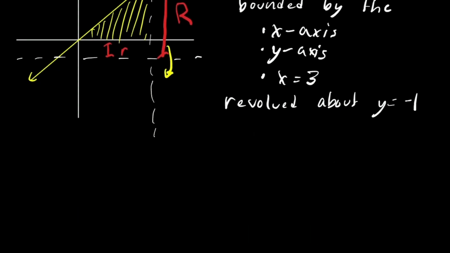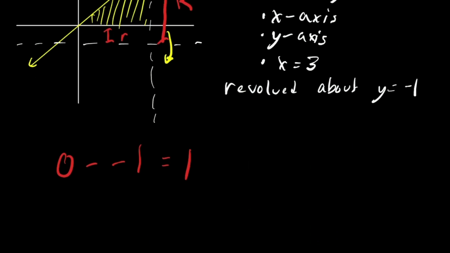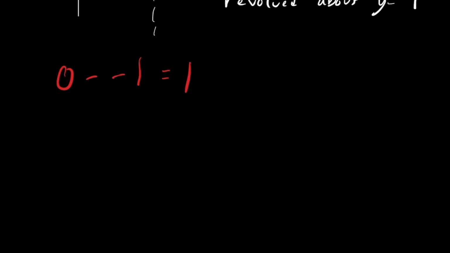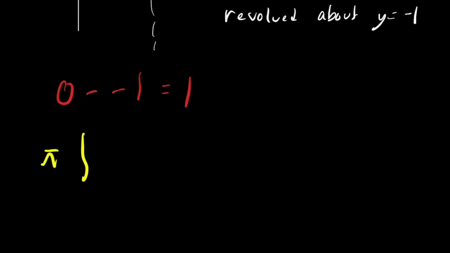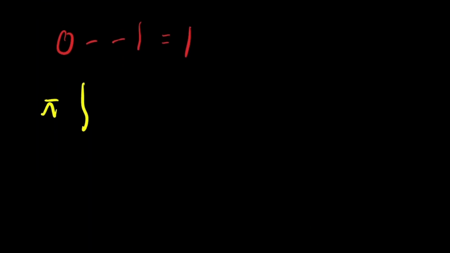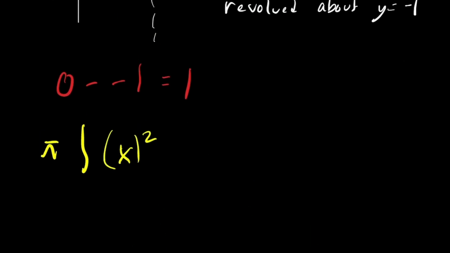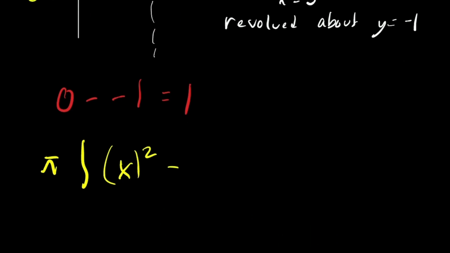So 0, I'll just write this out. 0 minus -1 equals 1. So that's our distance. That's our little r. So we have pi times the integral of our function, our big R, which is x squared, minus little r squared, which is just 1 squared.